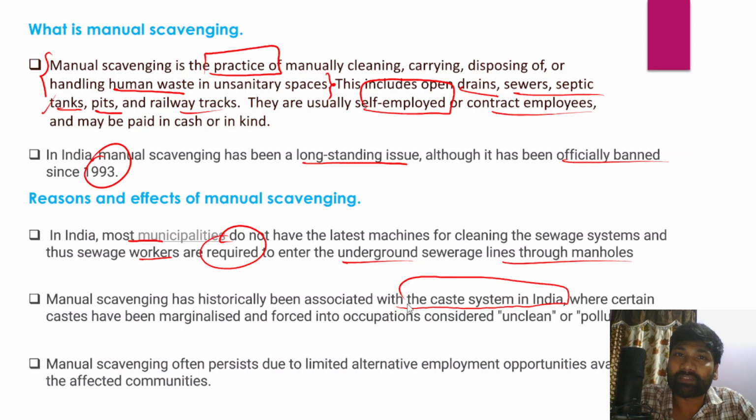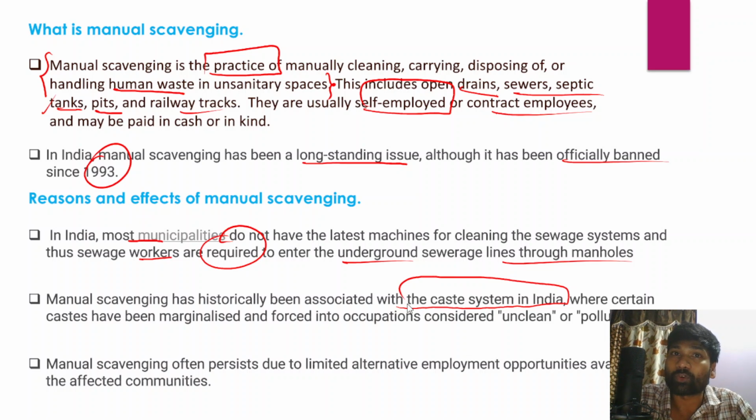So this is more than 75 years of our independence, but still we have been segregating people on caste lines, and at the same time we also demarcated certain castes to clean human excreta with their own hands.